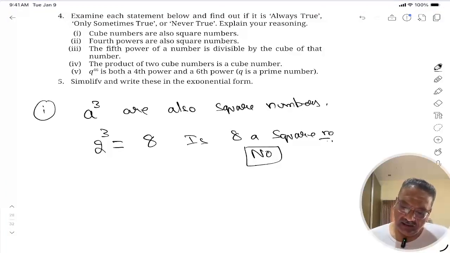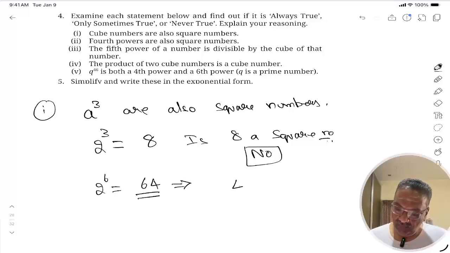Are there any cube numbers which are also square numbers? Let us try. Let us take a sixth power number. What is 2 power 6? 2 power 6 will be 64. Can I express 64 as 4 to the power of 3?